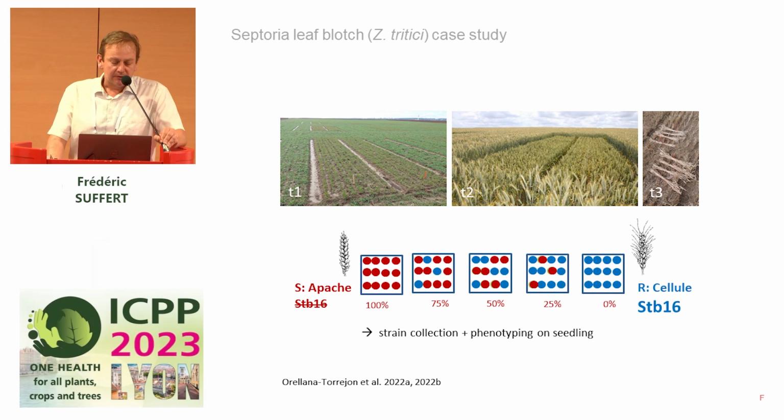The work consisted in collecting strains on the different microplots, on the different varieties, and estimating the frequency of virulent and avirulent strains. This was done by individual phenotyping, strain by strain, on seedlings.